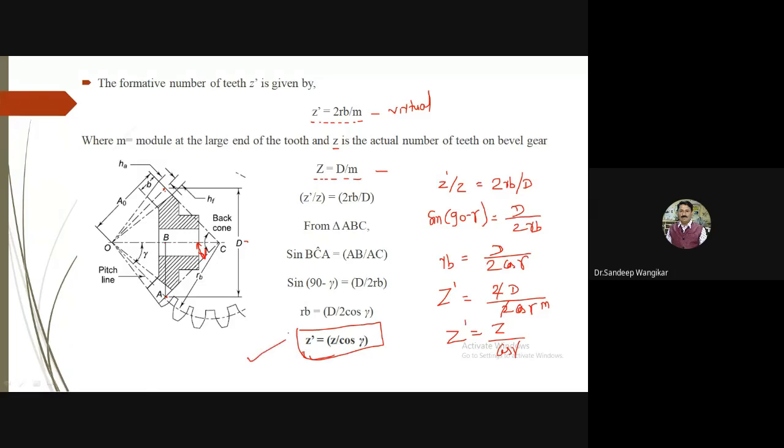So you get the relation between the virtual number of teeth: Z dash is equal to Z divided by cos of gamma. Using this relation, we can calculate the virtual number of teeth if the actual number of teeth is given. Very important relation, write it down: Z dash is equal to Z divided by cos of gamma.